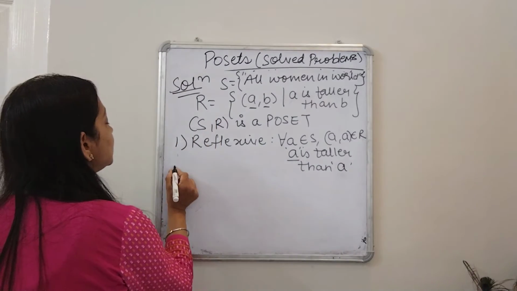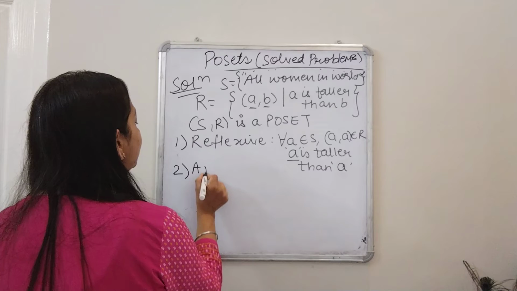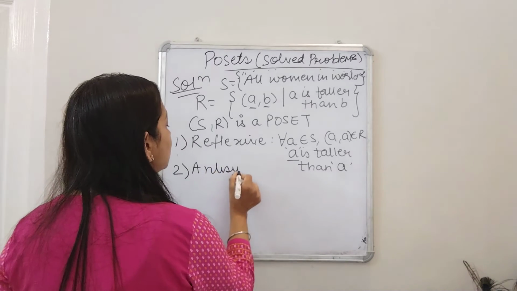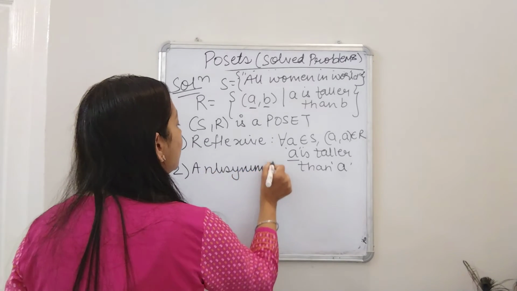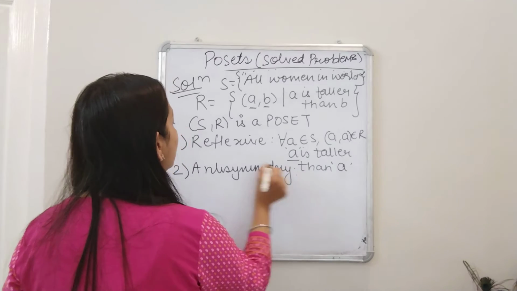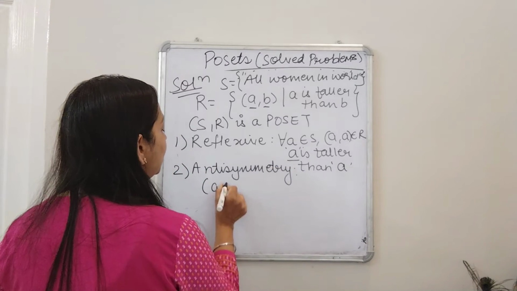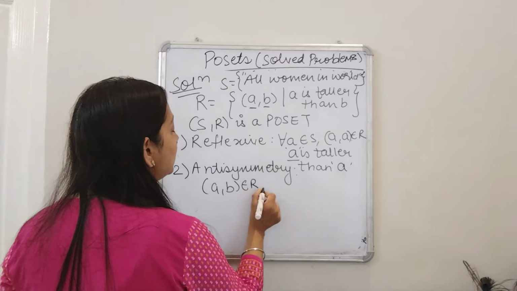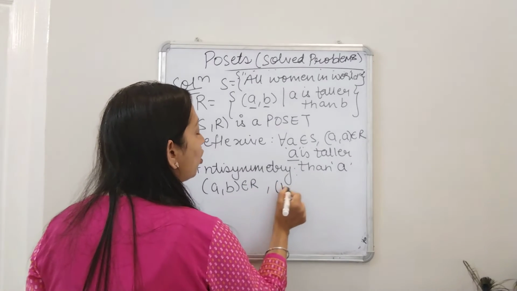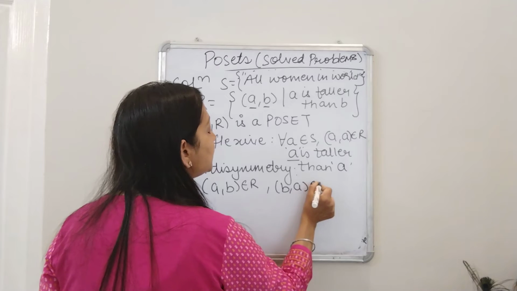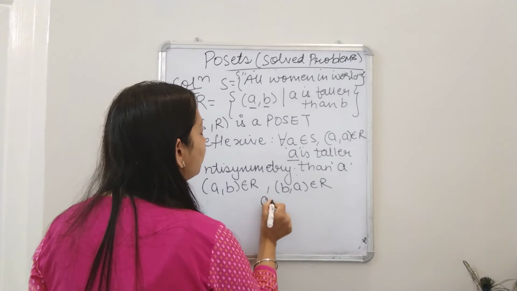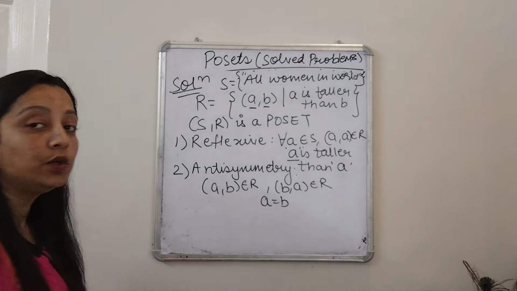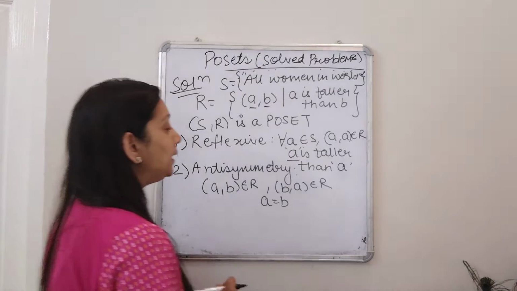Second is the anti-symmetry. As per anti-symmetry, if AB belongs to the relationship set, then BA will belong to the relationship set only if A is equal to B. Alright.